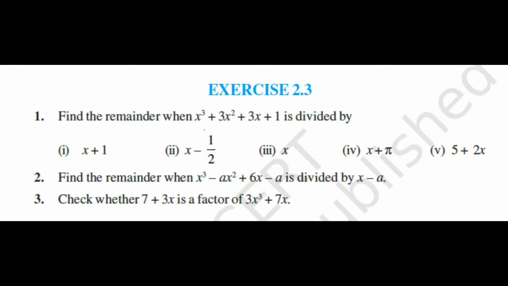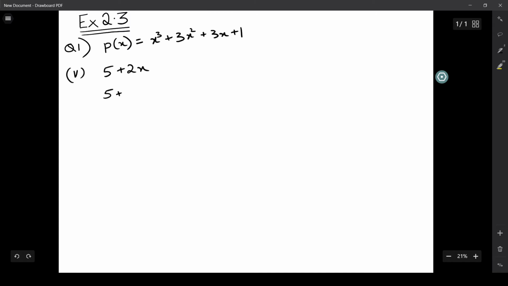The fifth part of this question is the divisor equals to 5 plus 2x. Here, let me get the 0 of this divisor by equating it to 0. This gives me 2x is equal to minus 5, or x is equal to minus 5 by 2.